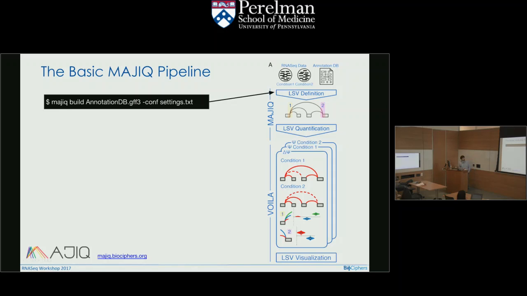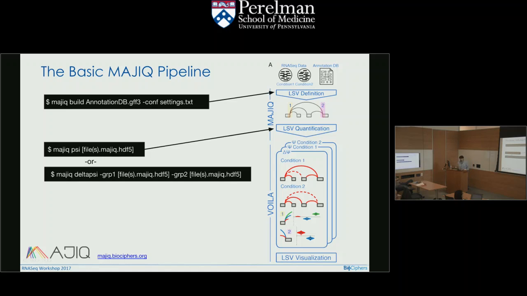So given your annotation database, a GFF3 file, and your RNA-Seq reads, the first thing you do is run the MAJIQ builder. This defines your LSVs, who's connected to who, which junctions are reliably detected. That's done in this step.